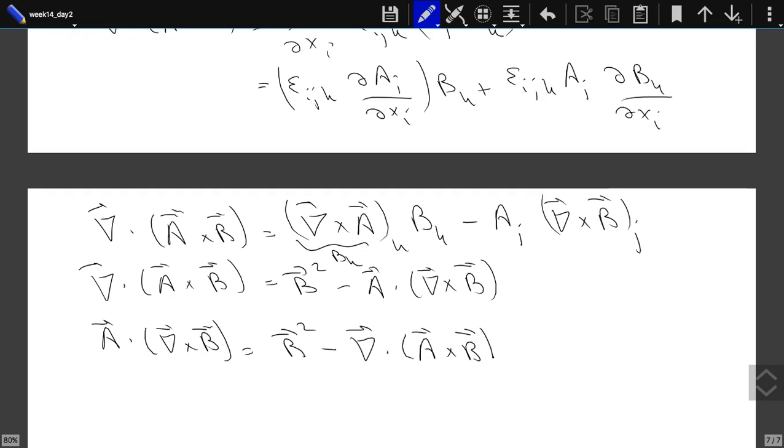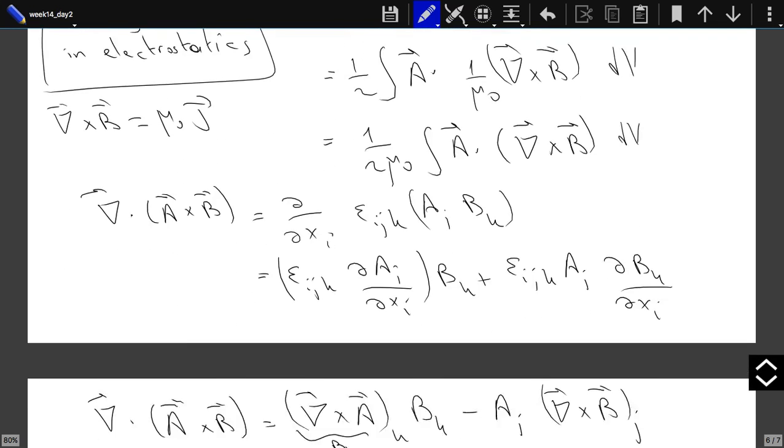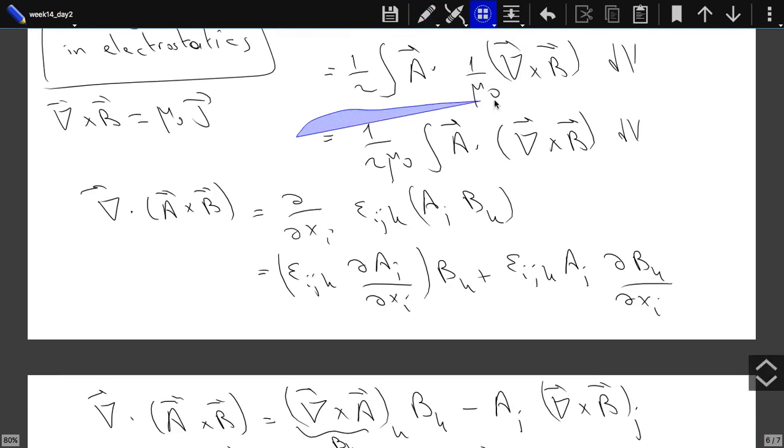We are almost done. We had already seen that the energy stored in the inductor was this expression over here.